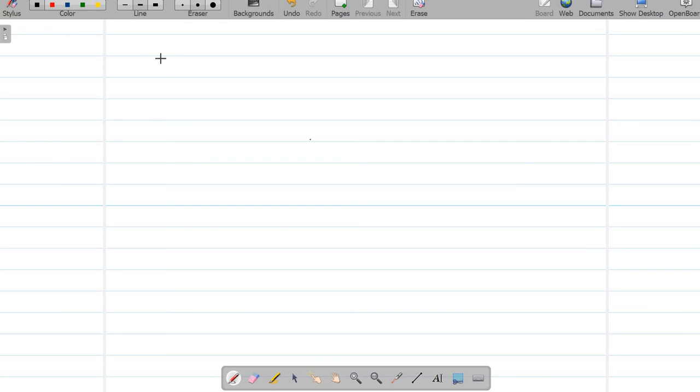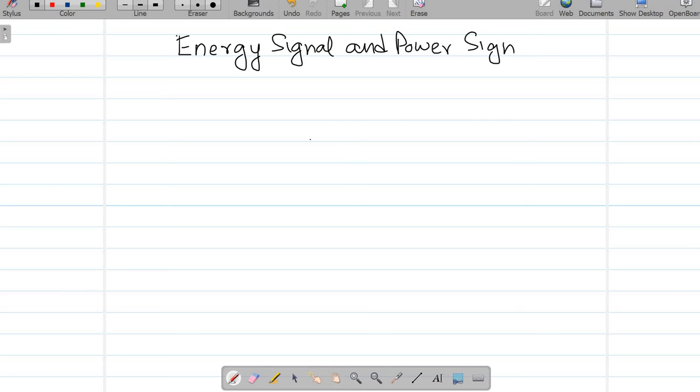Let us discuss another classification of signals, namely the energy signal and the power signal. So, signals may be classified as an energy signal or a power signal.